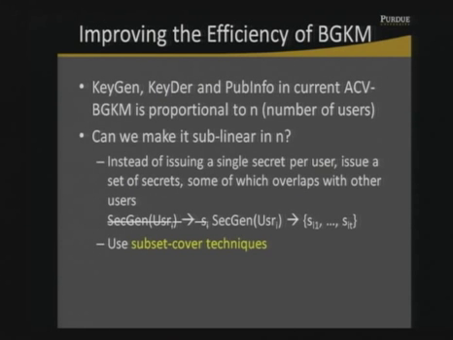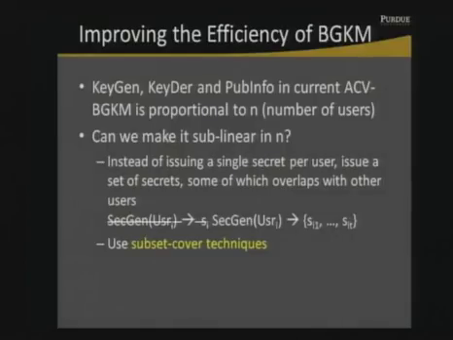So one of the main things we try to optimize is how can we make this sublinear in n? If you have 1,000 users, can we reduce the size of this public information? Right now, it's going to be 1,000 elements. It's going to be huge to transmit with the encrypted documents.